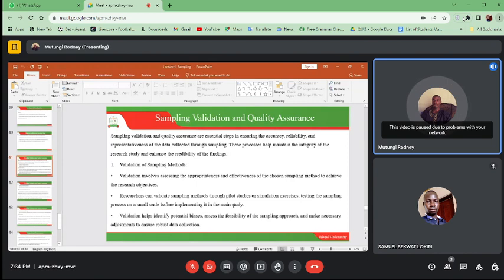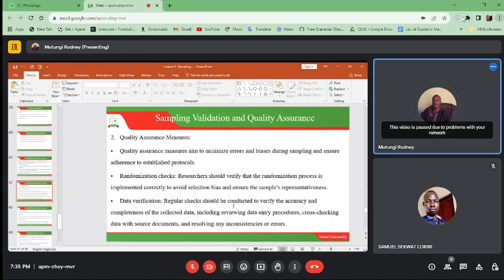So that is all about validity. So you make sure that the methods that you are going to use really are going to enable you to achieve what you want to achieve. Then in quality assurance, here you want to minimize errors and biases during sampling and ensure adherence to established protocols.